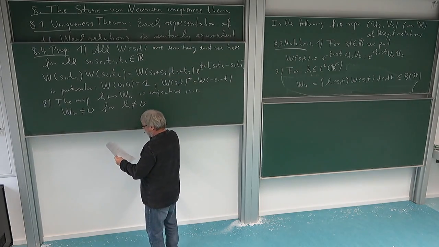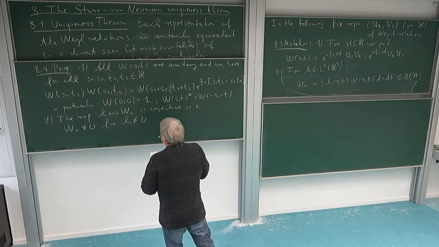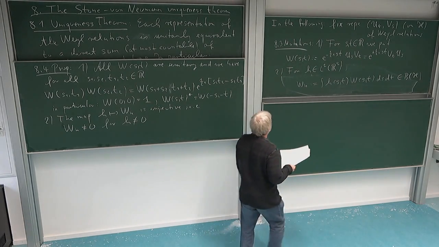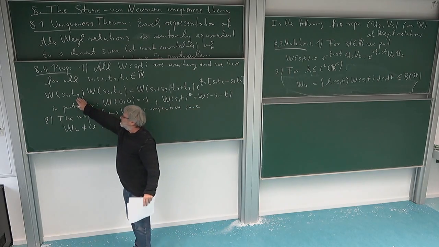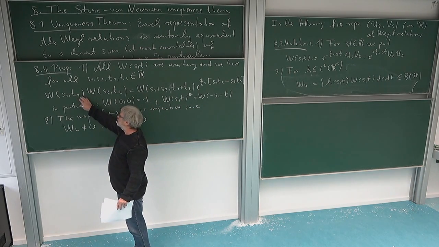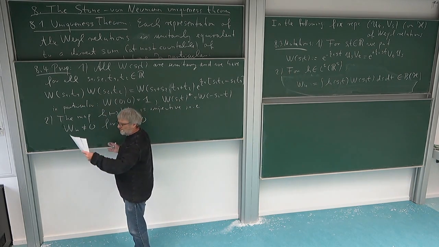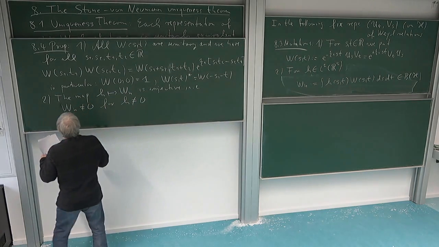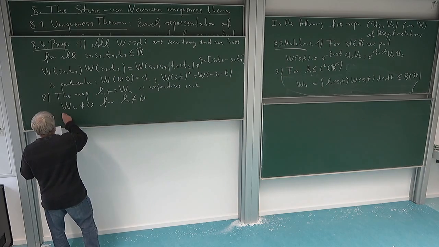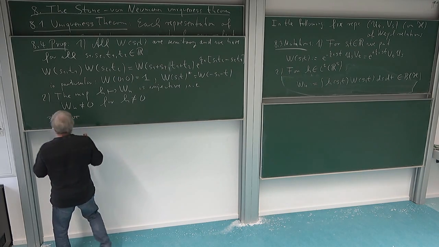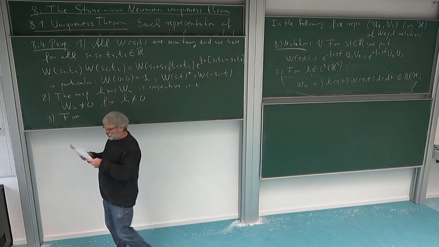And then for the calculations, it's also important to extend this product rule, for multiplying two of the W's, also to the functions. This is again a straightforward calculation which I'm going to write down and which everybody should check for him or herself.